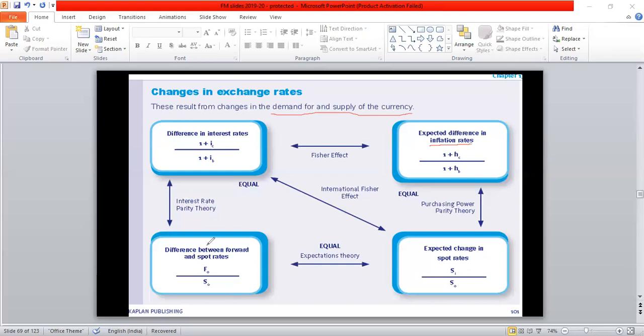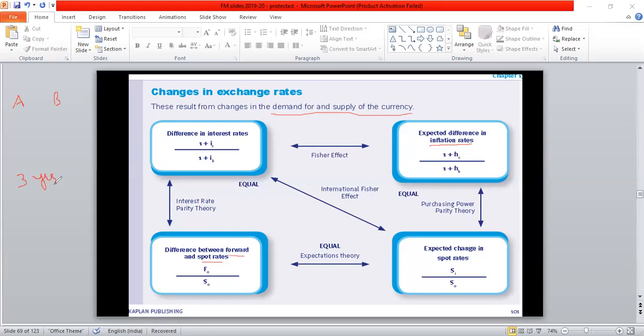Then it says the difference between forward and spot rates. What does it mean by forward and spot rates? Now, if two parties A and B are entering into an agreement, and this transaction is for, let's say, after 3 months, when they would fulfill the obligation in the contract.